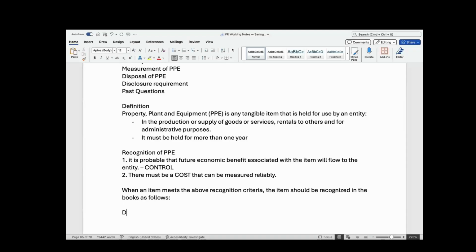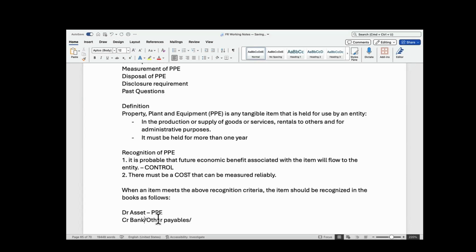What do you do? You debit the asset, usually PPE, and you credit bank if you are buying the asset, or other payables if you are buying the asset on credit.